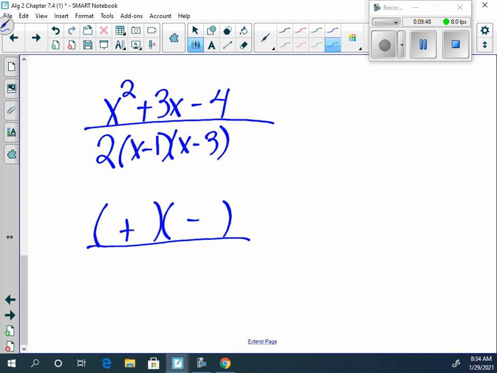Well, the factors of x squared are x and x, and what are the factors of 4 that we can use? Well, 1 and 4 or 2 and 2. There's going to be 1 and 4. Yes. And the 4 would be positive and the 1 would be negative. Okay. Well, that doesn't really help us, does it?